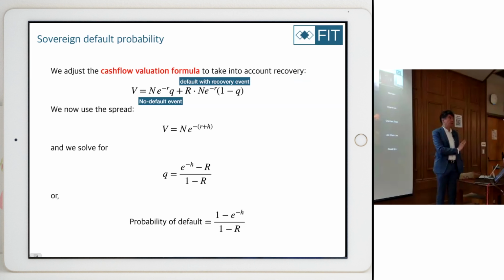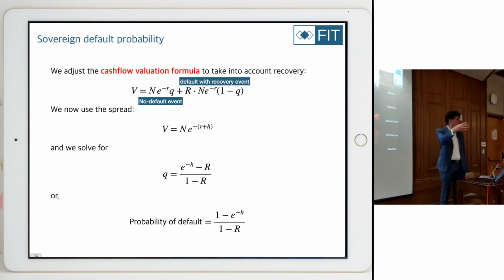My very simple model, sure, will make it better, don't worry. But with my very simple homemade model, without Python, I can tell you the probability of default of a country. Sorry, this is the probability of default in a year, everything's in a year. I'm taking a year as my unit of time, so the interest rate is per year, the probability of default is per year.